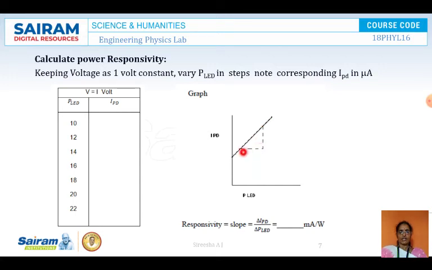The slope of it gives you the responsivity, which is delta IPD by delta PLED. The slope is nothing but the responsivity, which is expressed in milliamps per watt. So in this experiment we have seen the photodiode characteristics in reverse bias and also calculated the power responsivity.